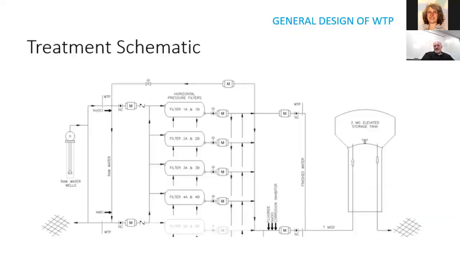General design of the water treatment plant. We have 4 horizontal filters with 2 sections each. We're able to manage each filter or each section in each cell.